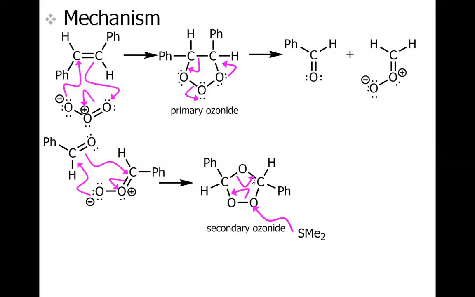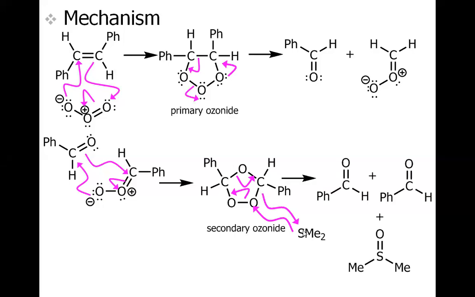Once it is broken, we have another carbonyl on the other side, and again, this carbon cannot have 5 valency. So this sigma electron density between this carbon and oxygen will be shifted towards this sulfur. As a result, we will have the two carbonyls and this compound. And remember here, the sulfur was divalent, but now it has become tetravalent.